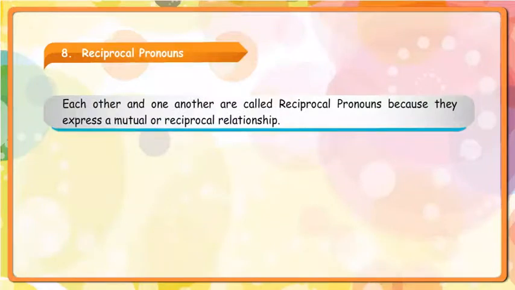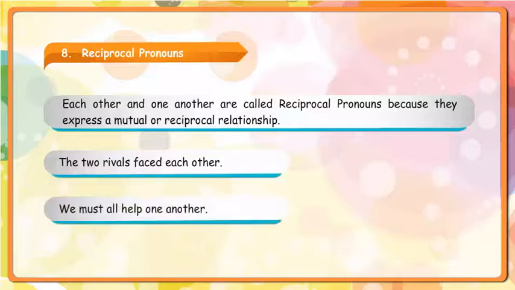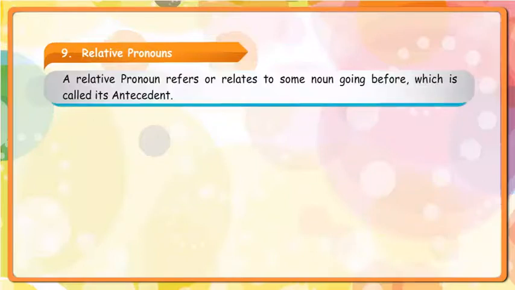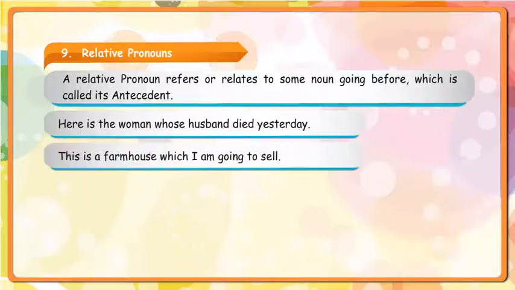Reciprocal pronouns. Each other and one another are called reciprocal pronouns because they express a mutual or reciprocal relationship. The two rivals face each other. We must all help one another. Relative pronouns. A relative pronoun refers or relates to some noun going before, which is called its antecedent. Here is the woman whose husband died yesterday.